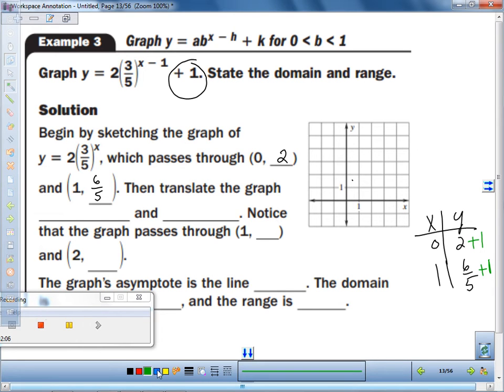Now this part is going to affect our x's, but it's going to seem opposite, since we're actually going to end up adding 1 here. So we'll say plus 1, plus 1.